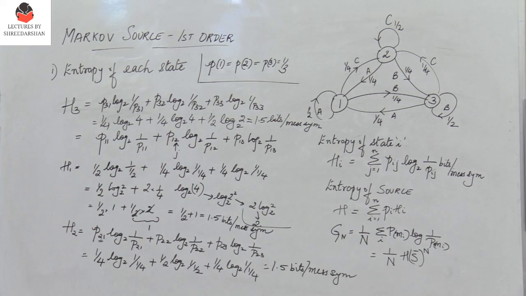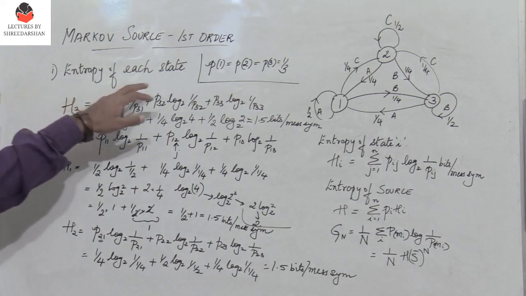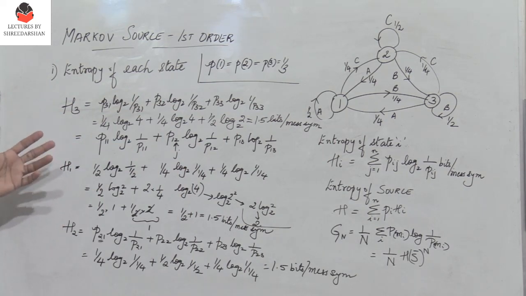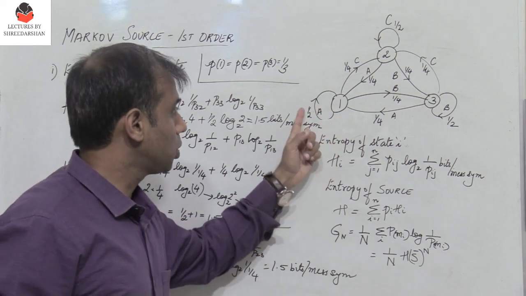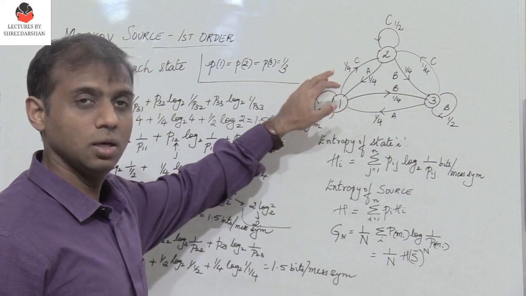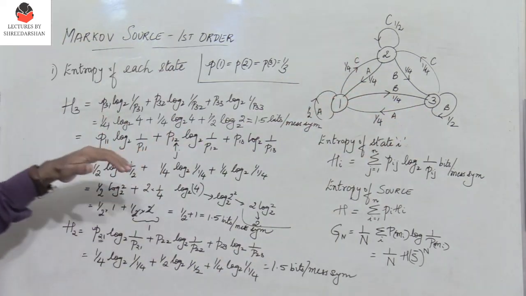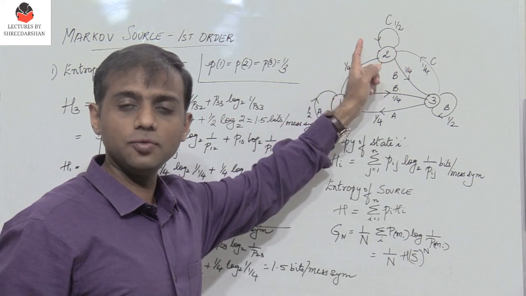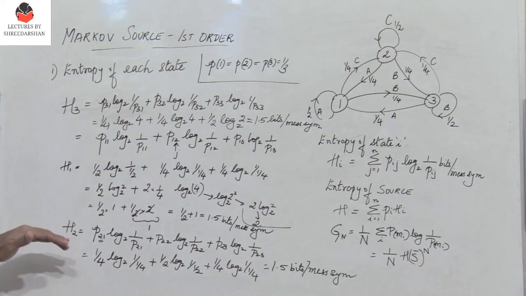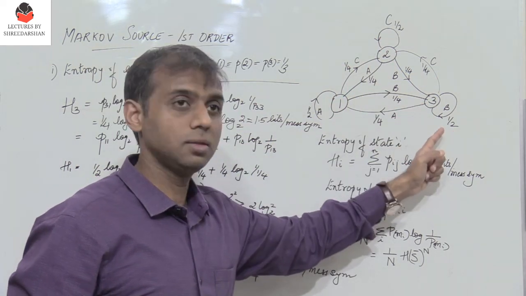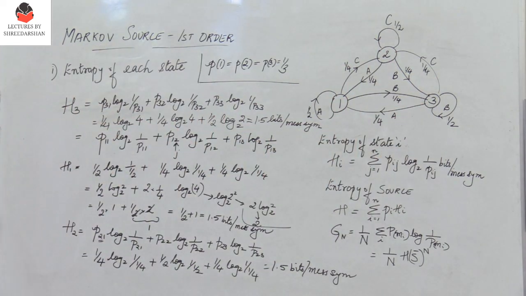So what have we done? We have actually found out the entropy of each state, which is H1, H2 and H3. So to find the entropy of each state, what do you consider? You consider the probabilities of the transition, that is from state 1 to 1, 1 to 2 and 1 to 3 for H1, 2 to 1, 2 to 2 and from state 2 to 3 for H2, and 3 to 1, 3 to 2 and 3 to 3 for H3.